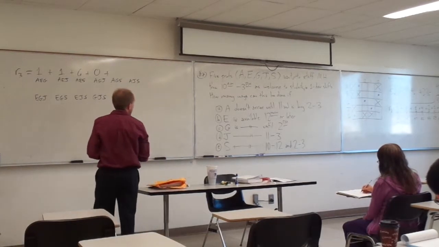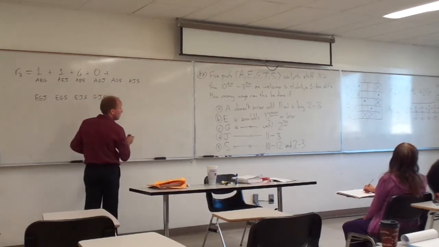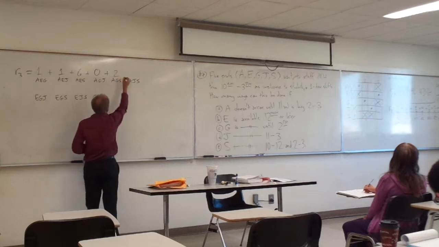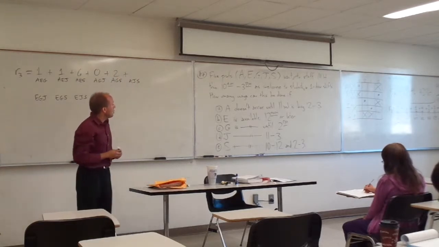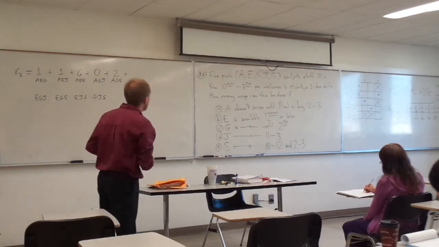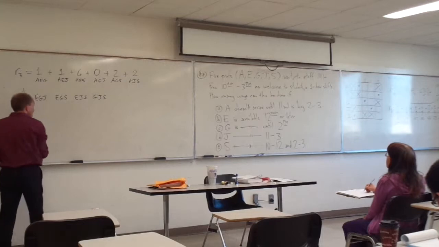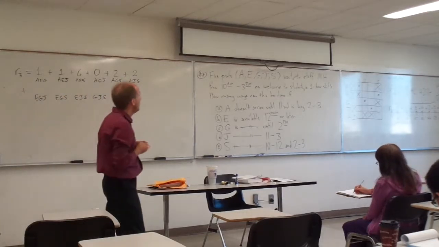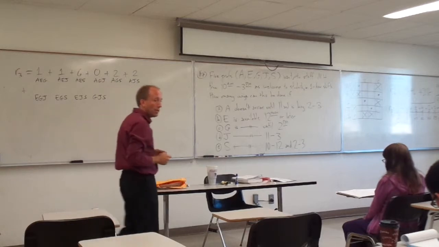How many would there be for AGS? 2, right? Okay. How about AJS? Also 2. How about EGJ?